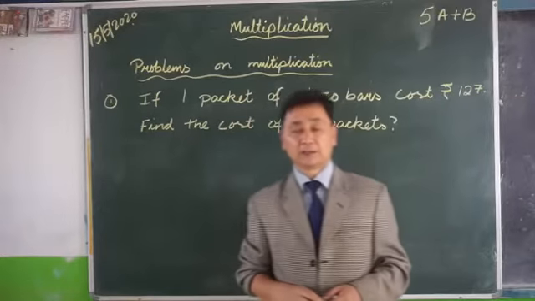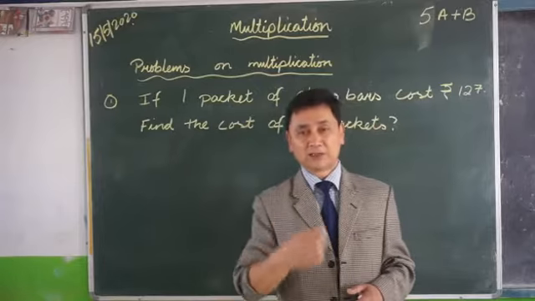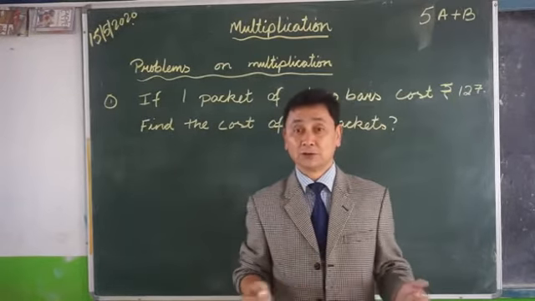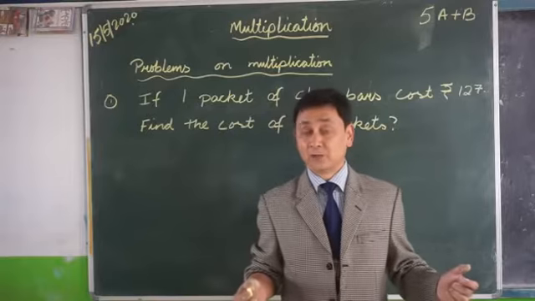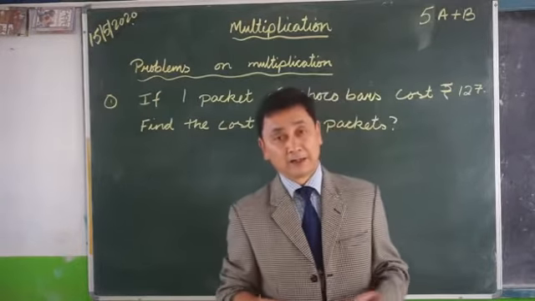Now, let's do some mental sums. Ready? If one packet of sweets costs 10 rupees, how much will 2 packets cost? What do you do? You multiply. How much? 20. Very good. Let's try something else now.